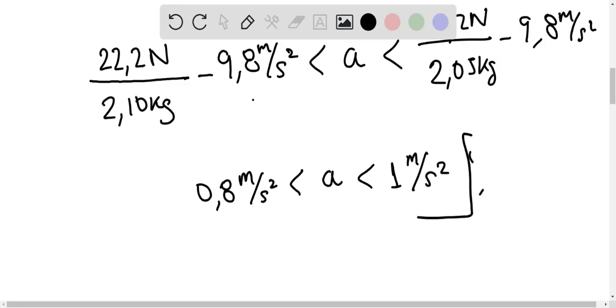So this is the interval or the range of the acceleration, so that only the masses of 2.05 and 2 kilograms do not break.